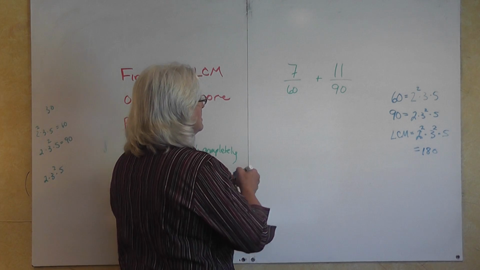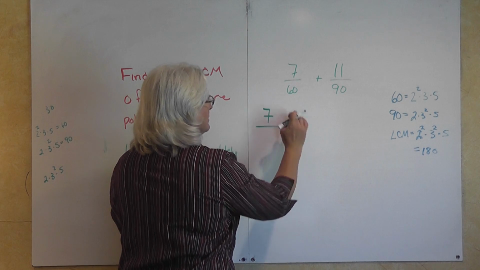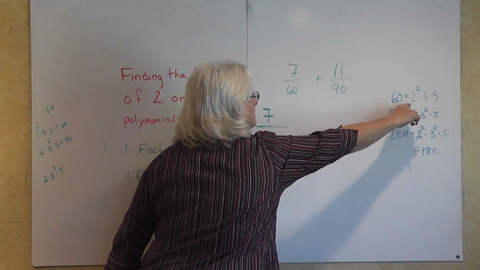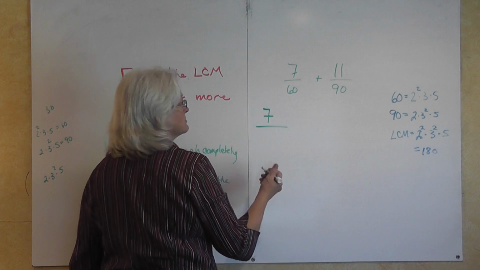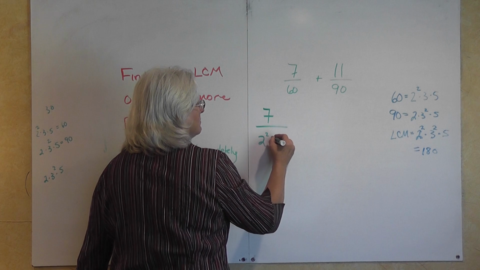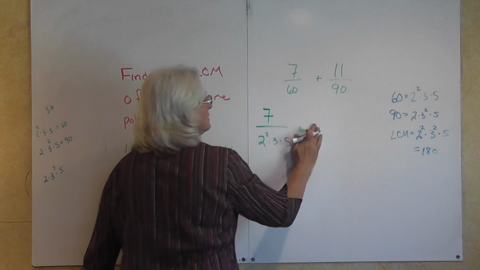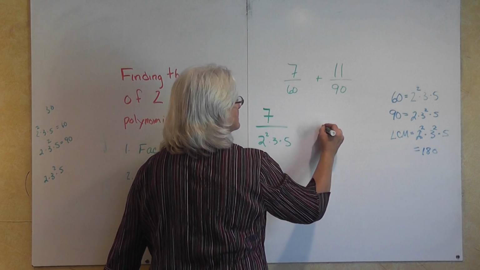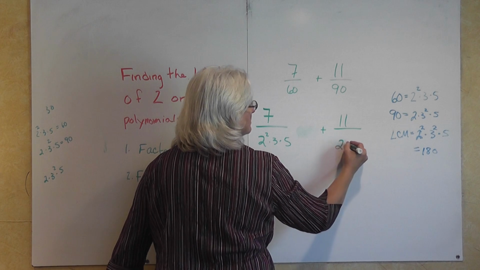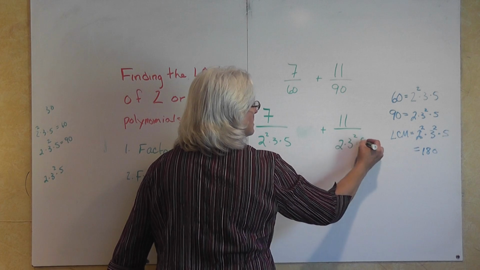What we're going to do now is rewrite our original problem, but we're going to write the denominators in their factored form. So this would be 7 over 2 squared times 3 times 5, plus 11 over 2 times 3 squared times 5.